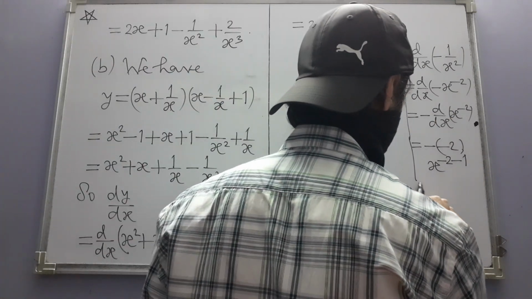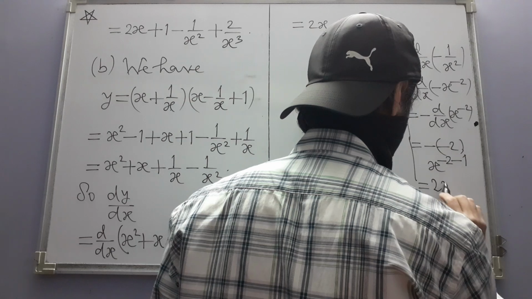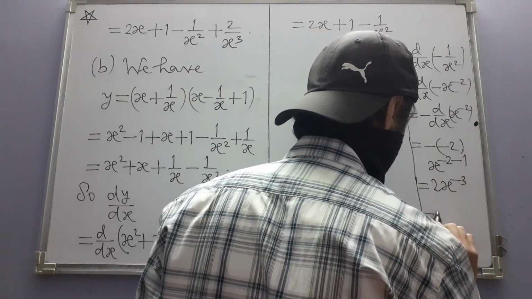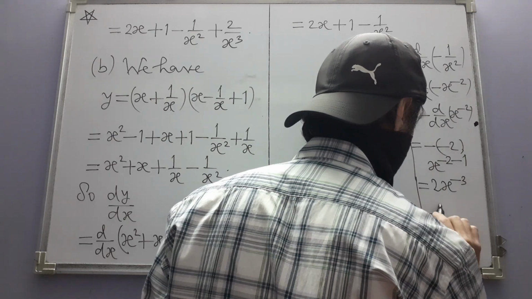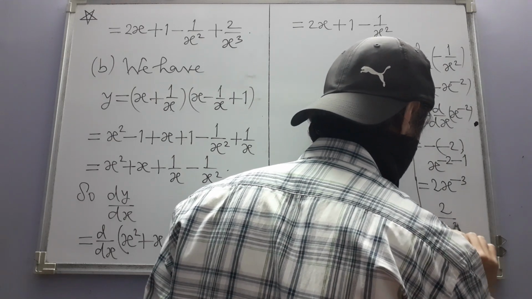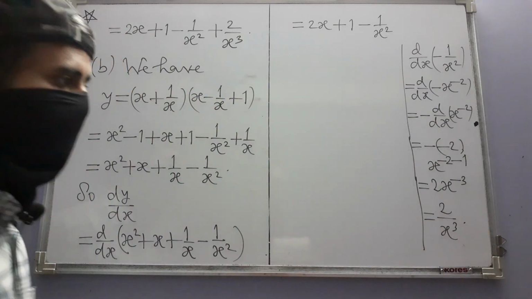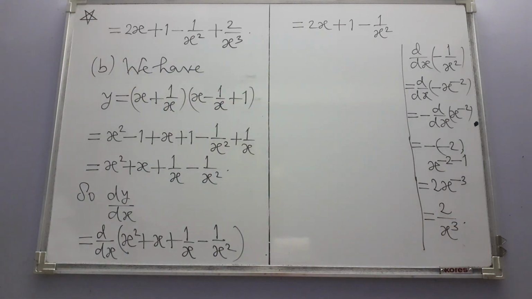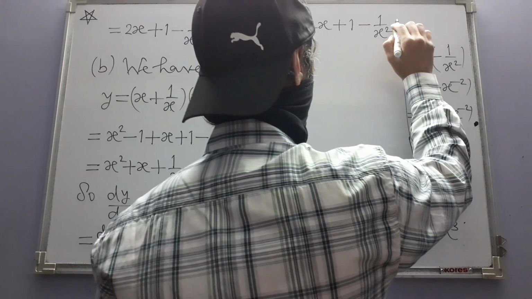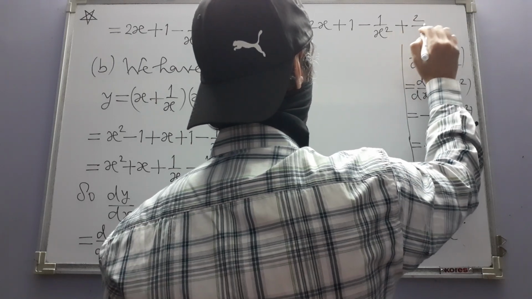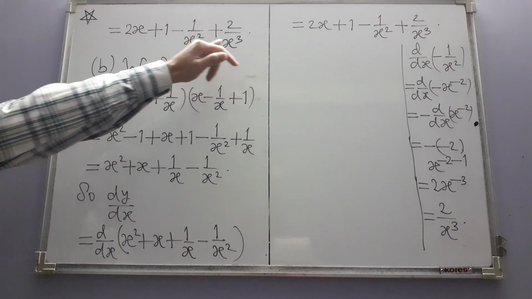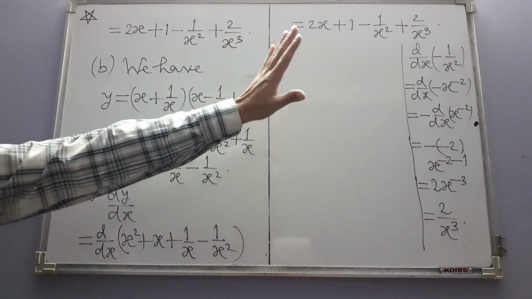So minus and minus become plus, 2 times x to the power minus 3, that is 2 divided by x cube. So that last term will be plus 2 divided by x cube. See, we are getting the exact same thing. So that means it's okay.